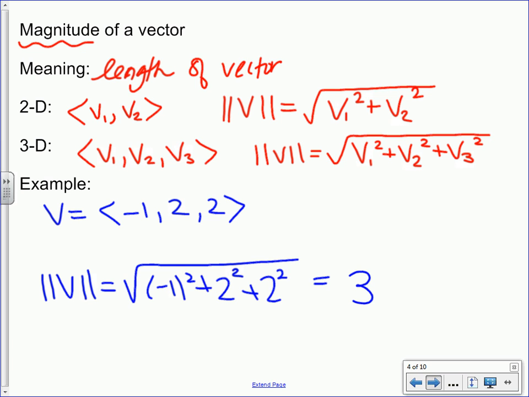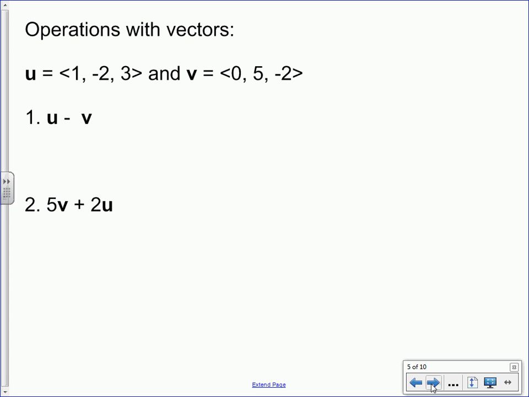All right, let's remember how to do some operations with our vectors. Okay, we can add, subtract, and multiply by a scalar. That's what we're going to talk about first. Okay, so in example number 1, we are going to subtract u and v. u is the vector 2, 1, -2, 3. v is the vector 0, 5, -2. Okay. So if we subtract the 2 vectors, what's our process?